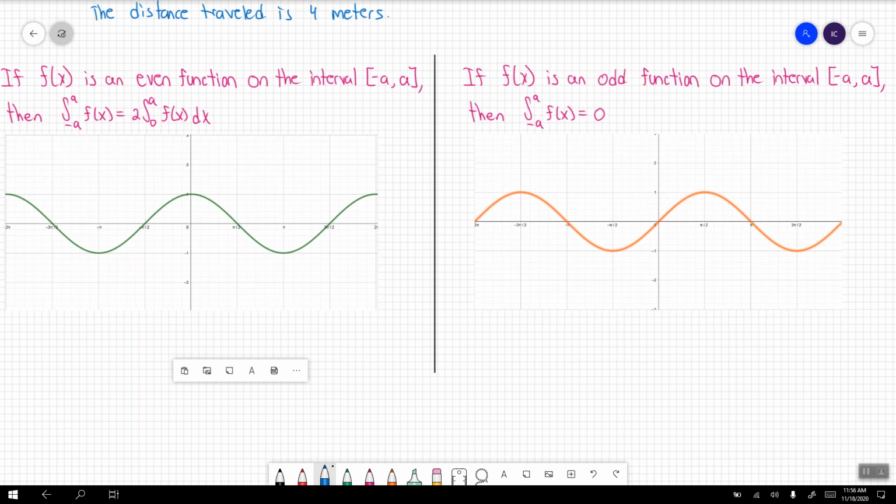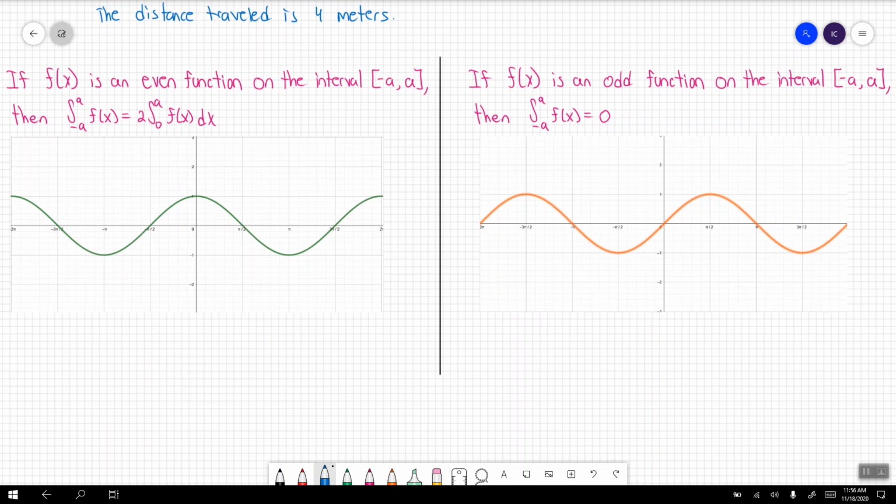So here we're going to be talking about even and odd functions. On the screen here, you have on the left side that if f of x is an even function on the interval from negative a to a, then the integral from negative a to a for the function f of x is equal to 2 times the integral from 0 to a for f of x dx. This means that we're going to be using symmetry.